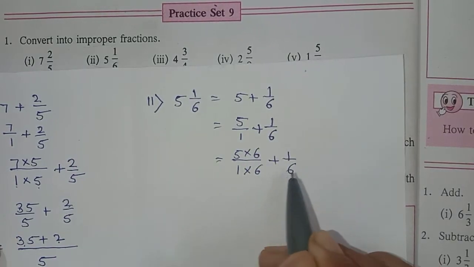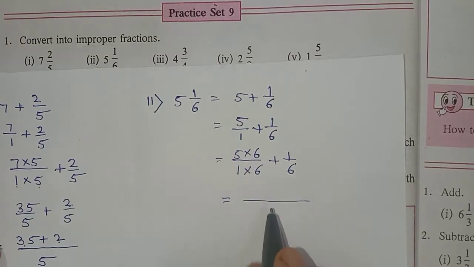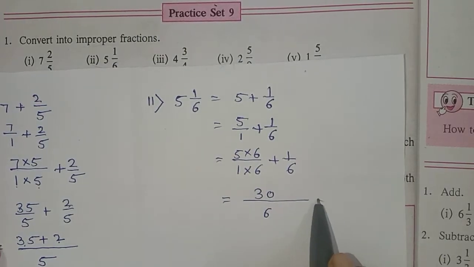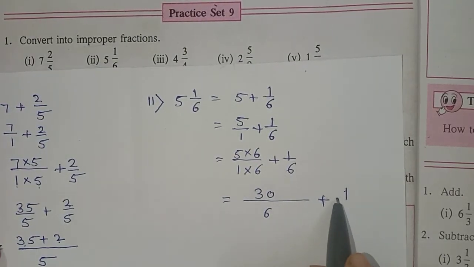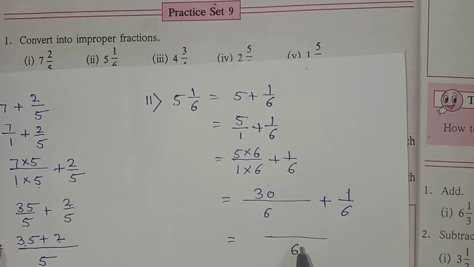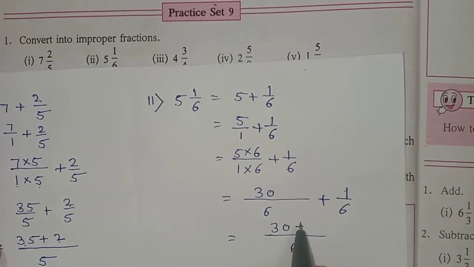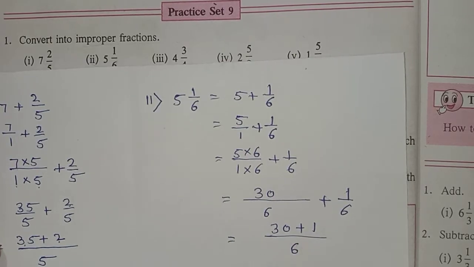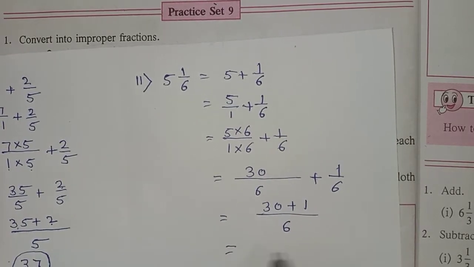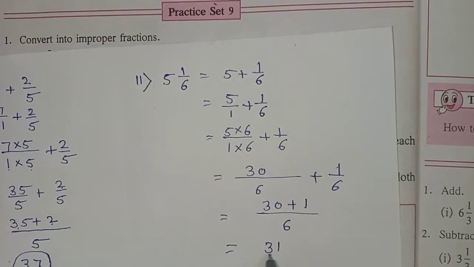Now we have in the numerator 6 ones are 6, 5 sixes are 30, plus 1 upon 6. Now we have made the denominators alike, so in the denominator we write 6, and we can add 30 plus 1, which is equal to 31 upon 6.